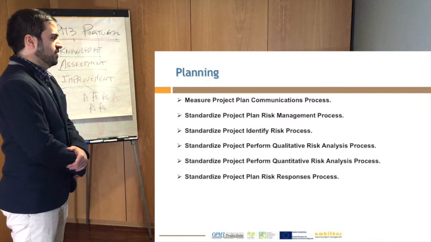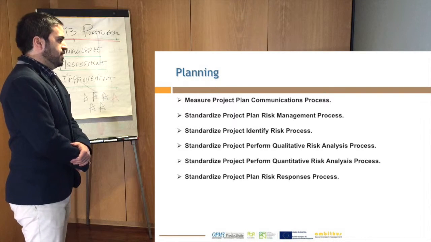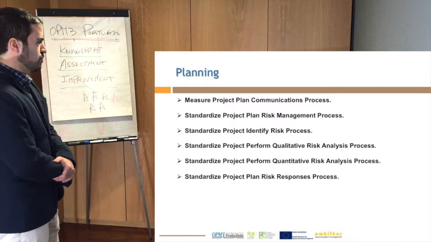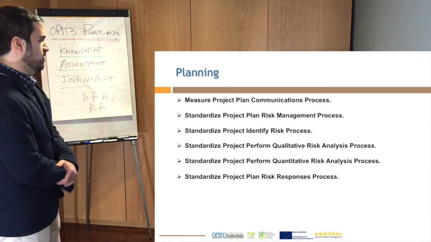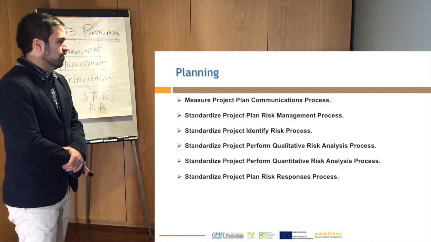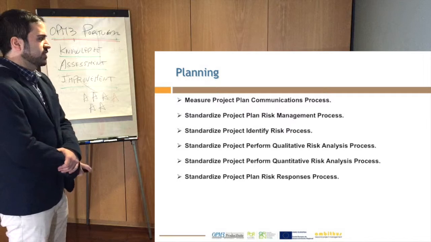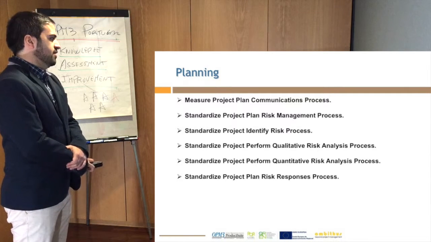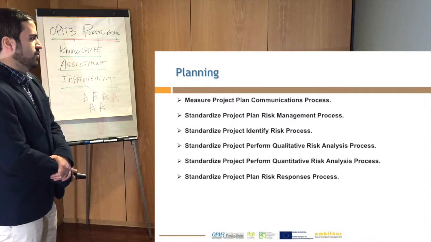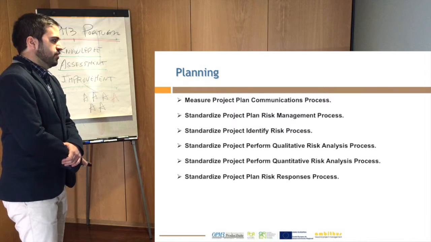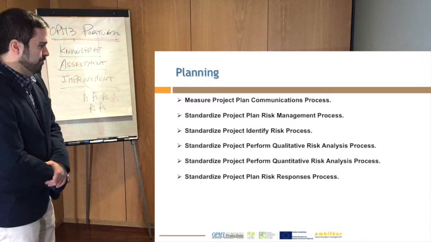The communication is the basis, so it should be measured as well. For the risk area, we have here the standardization of the whole 5 processes. Standardize the risk management, standardize identification of the risks, standardize the qualitative and the quantitative risk analysis, as well as the risk responses process.